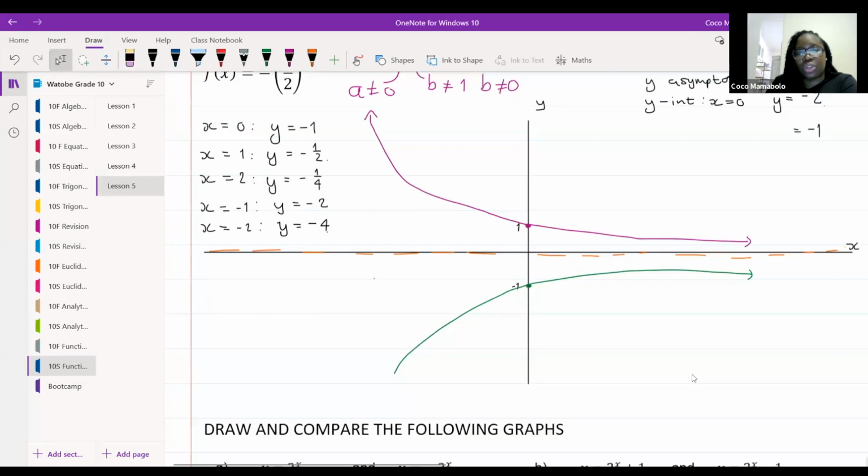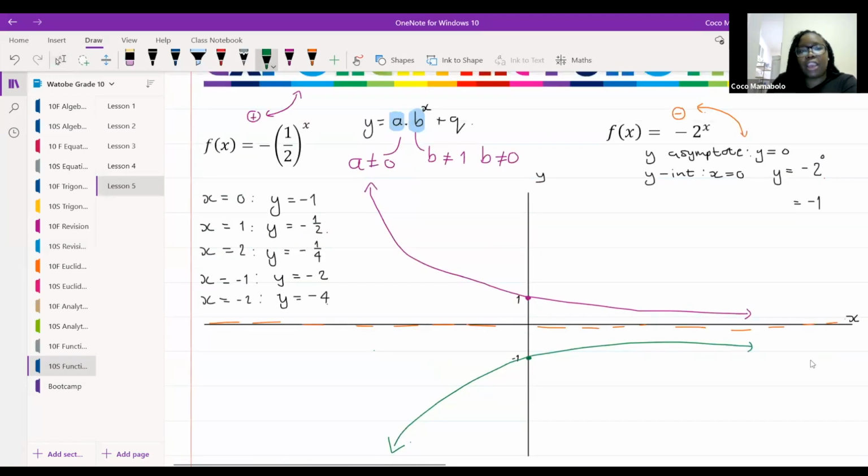All right. So what we take from this, guys, is if this value over here is between 0 and 1, my graph flips on the y-axis this way.